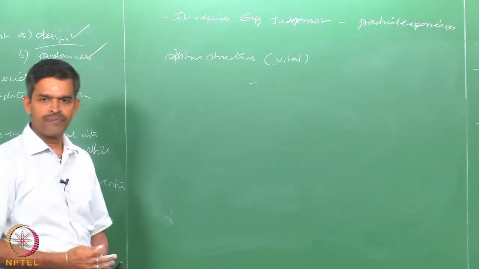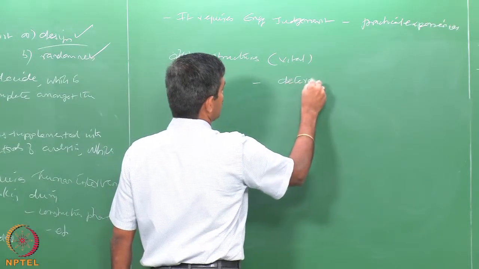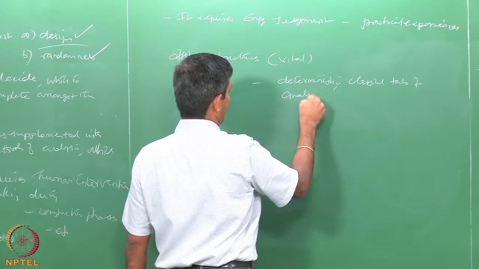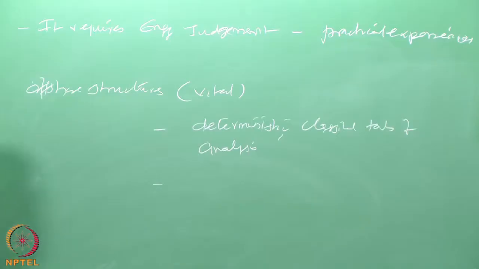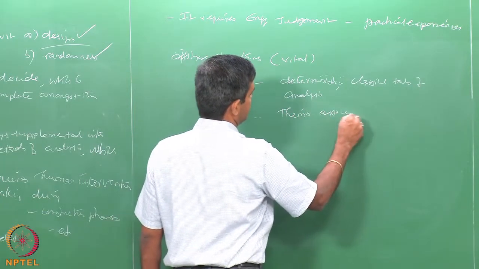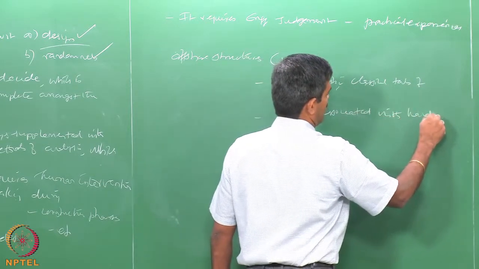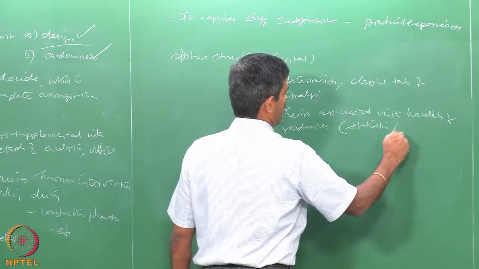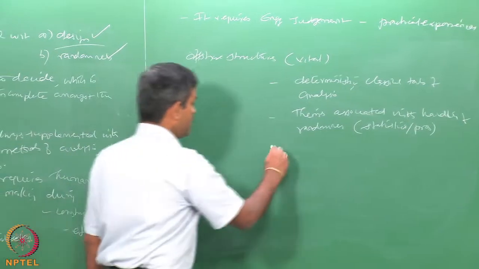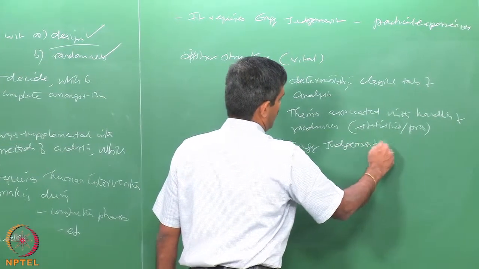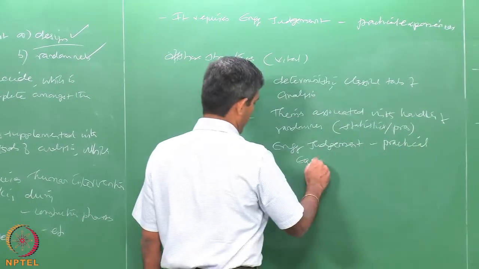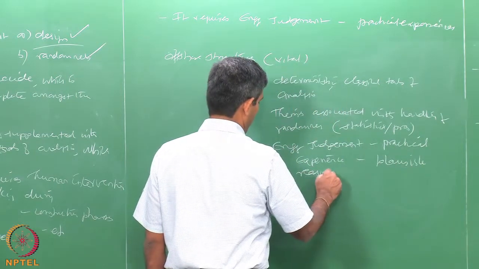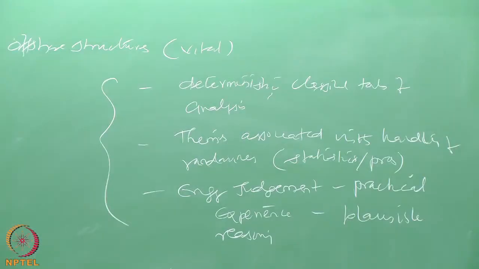The vital parts are deterministic, classical tools of analysis, theories associated with handling of randomness, obviously those theory of statistics and probability, and engineering judgment which comes from practical experience, which is a part of plausible reasoning, which we have studied as an introduction in the lectures in the last module.